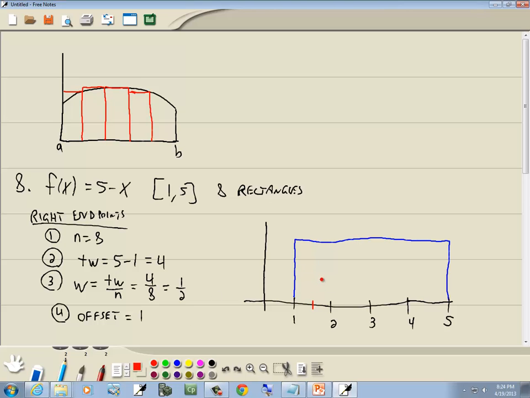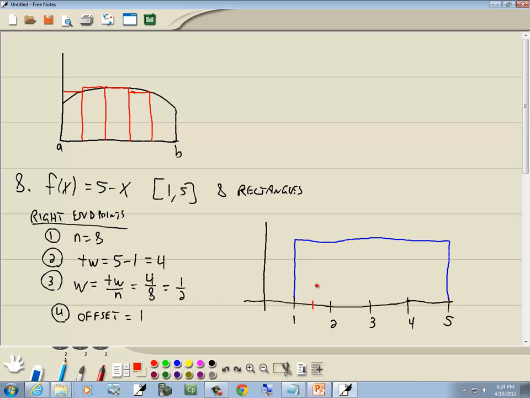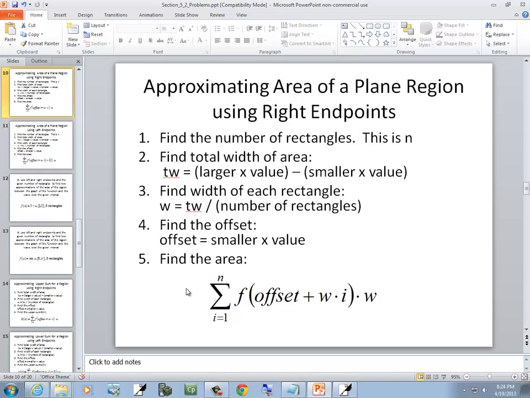Now, our next one. If I were to plug in i equal to 2, you'd have 2 times your width. Our width is 1/2, so 2 times 1/2 gives us 2/2, or 1, plus our offset. The offset is 1 plus width times i equal to 2.